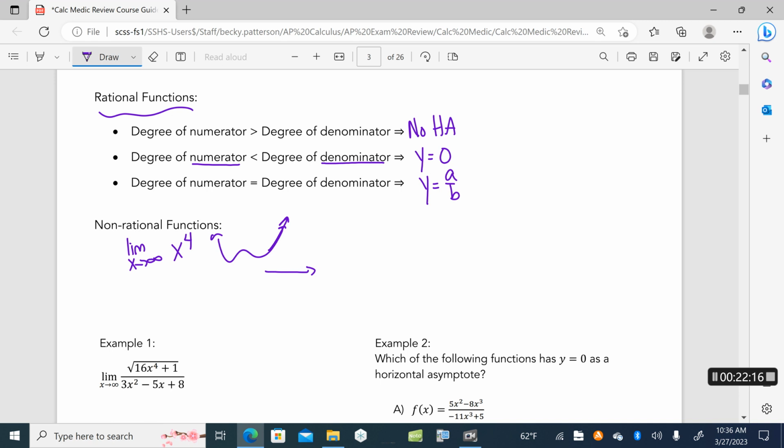If we talk about log functions and exponential functions, you need to remember what log functions look like and what exponential functions look like. And the fact that exponential functions grow extremely fast, and log functions are not bounded, they just grow very slowly.